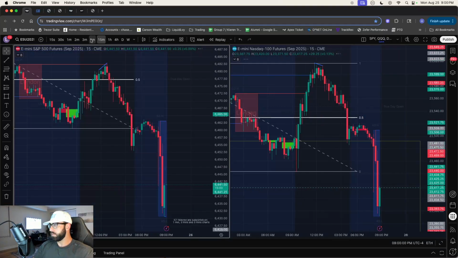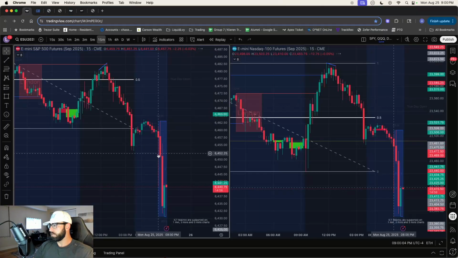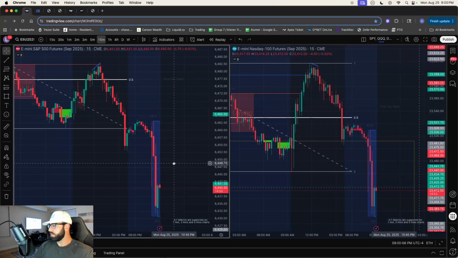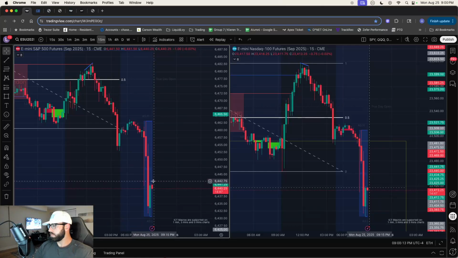Pre-market, we get the accumulation. On market open, we get the manipulation, and then from there we get the distribution. Let's look at today's example. From pre-market, we generated a good amount of accumulation. Actually, today we delivered from this sell side right here. This is a low at 6:30. So this is sell side.